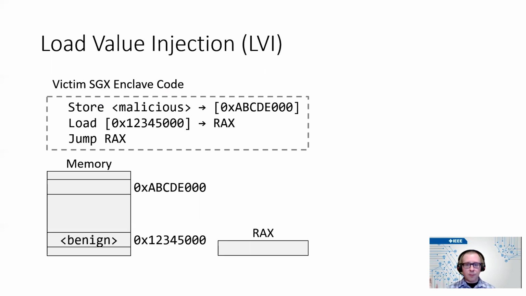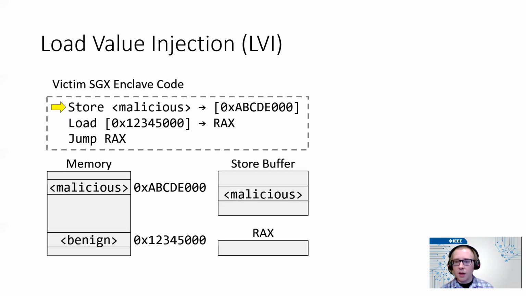Totally benign. It's not assumed that the enclave program may use this data in an architecturally unsafe manner. However, many modern out-of-order CPUs will actually place stored data into a store buffer on their way to memory. And this enables several optimizations.